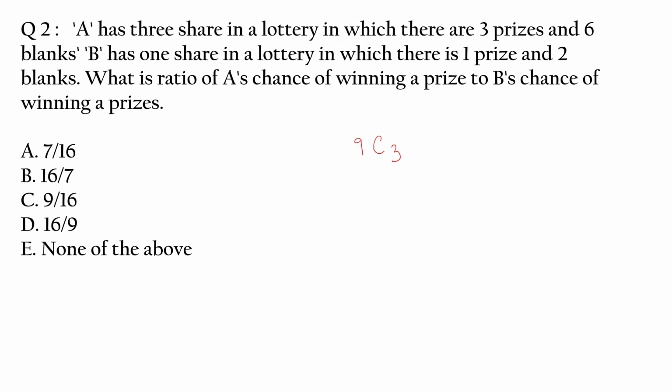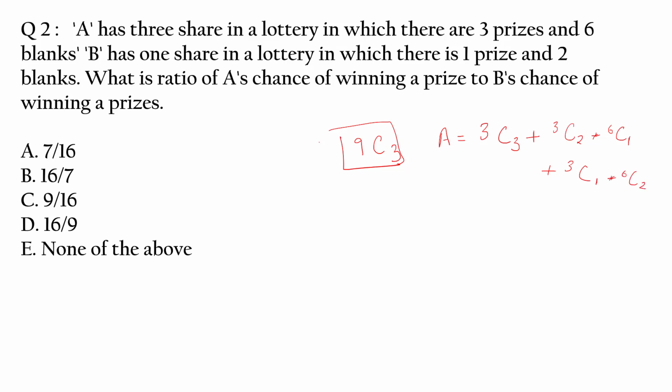The probability of A winning a lottery: the total number of cases is 9C3. But A can win if out of the 3 prizes he gets all 3, so 3C3, or he gets 2 prizes, 3C2 into 6C1, or he gets 1 prize, 3C1 into 6C2.